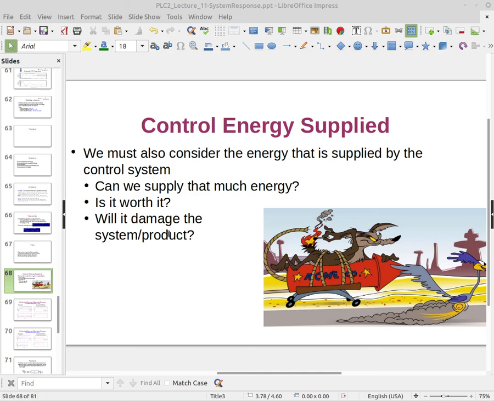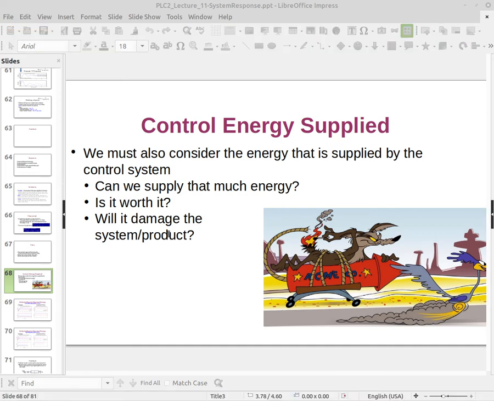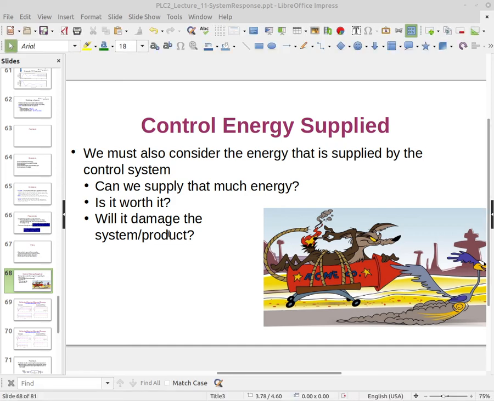I don't know if you've ever watched the Coyote and Roadrunner, but the Coyote is always trying to catch this Roadrunner, and so he's always trying these different things. You can see on this image he's sitting on this rocket, and he's trying to light the rocket so that he can catch the Roadrunner.